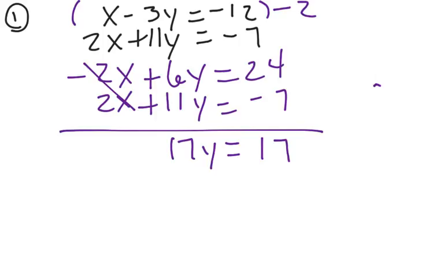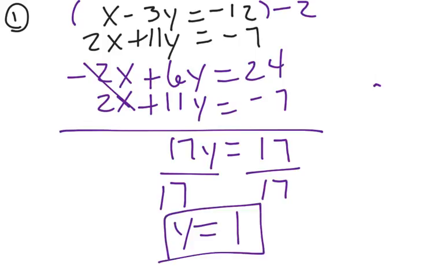So now you have an equation and you only have one variable, so you're going to solve for y. Divide both sides by 17 and you get y is equal to 1. That is one of your answers. You are not through. You have to have 2 answers for every problem. Take the 1 back to an original equation and put it in.